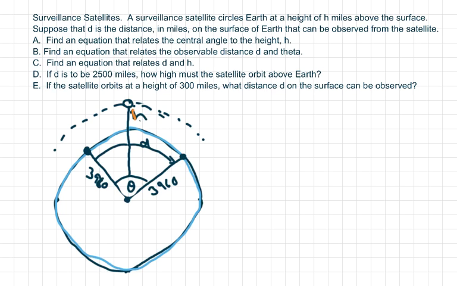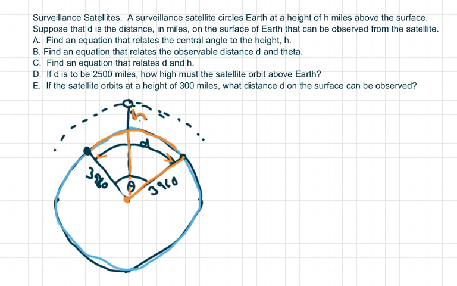That's the projection above the surface of the satellite, and D is this arc length of the circle. So this is kind of the D right here. And the radius is 3960 miles. Therefore, this radius is 3960 as well, since it's a circle.